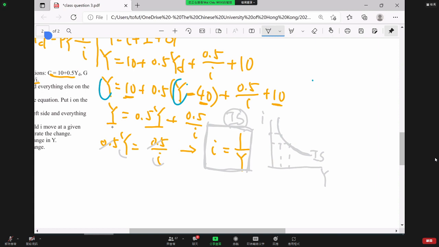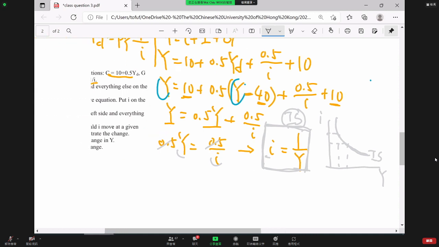Yes, this satisfies your want because I and Y are inversely related. Then it is more likely that this is a correct answer. If checking with your economic sense you find that the function does not give you the wanted property, then there should be something wrong in your calculation steps. Okay? So I will advise you to always check with this.